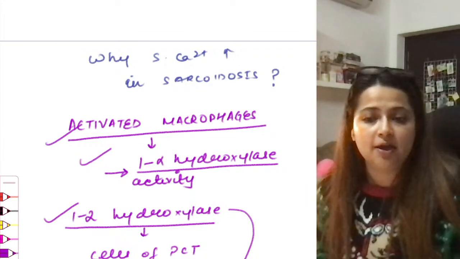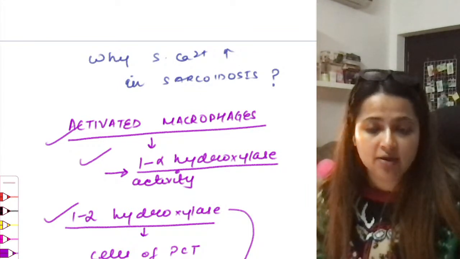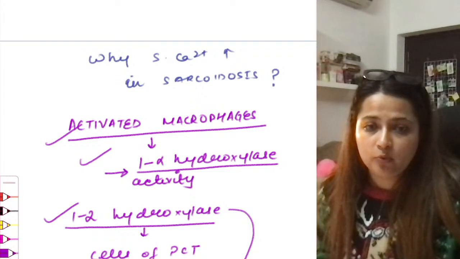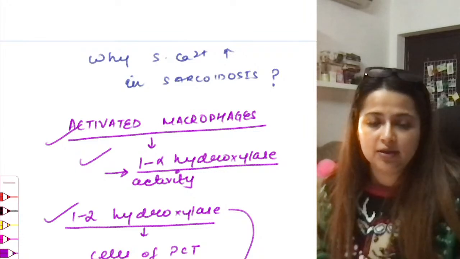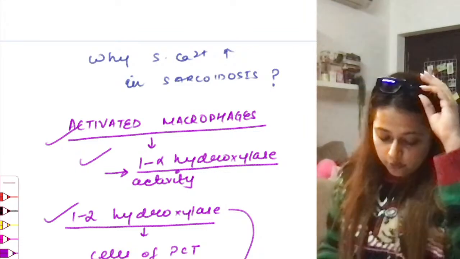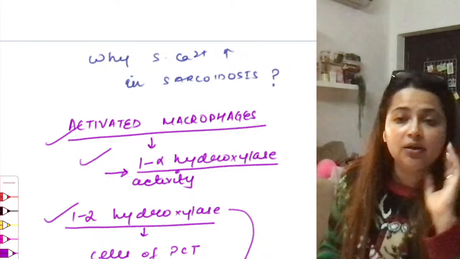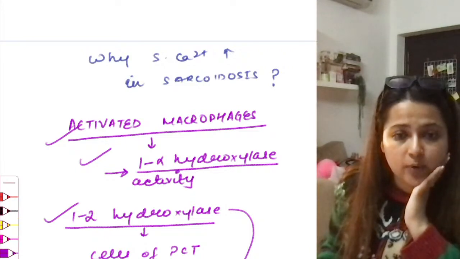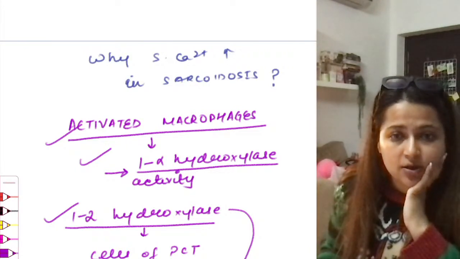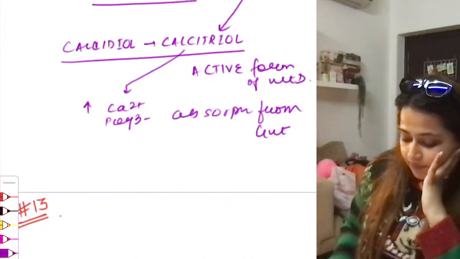So obviously calcidiol is going to get converted into calcitriol. More vitamin D means more absorption of calcium from the gut, and ultimately the patient is going to have an increase in serum calcium levels. So this is the point that you have to remember, why serum calcium levels are increased in sarcoidosis.